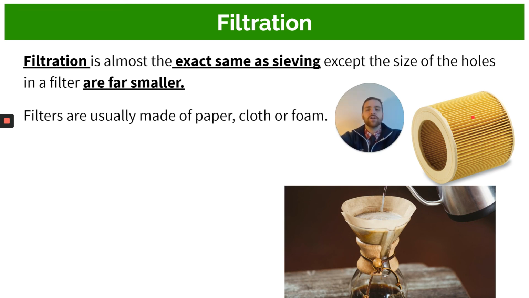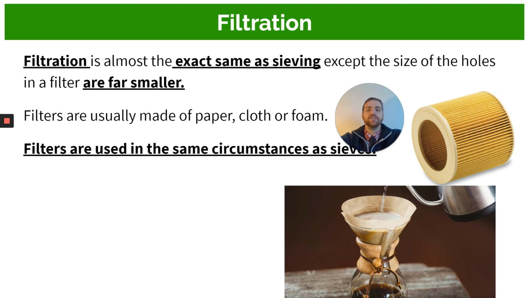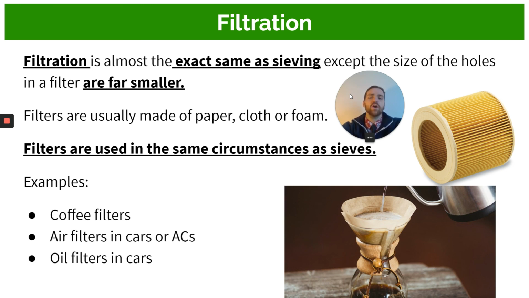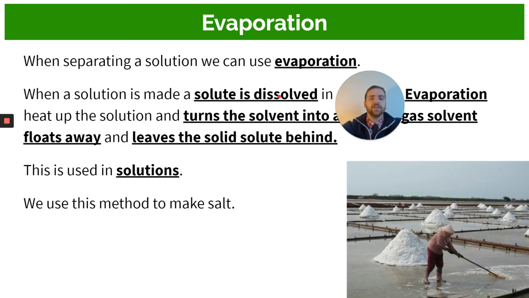Filters are usually made out of cloth and foam and paper, where sieves are usually made out of steel and metal. Filters are used in the same circumstances as sieves. So if you learned when we use sieves, we use filters in the same circumstances, except the particles are smaller. Examples: coffee filters, air filters for cars or air conditioners, oil filters in cars. Those are all examples.